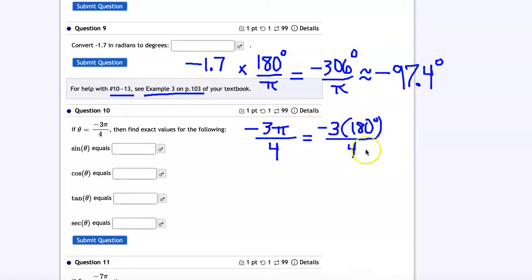So what's 3/4 of 180? That's 135, right? So then for each of these problems, you would revert back to what you did in chapter 2. How do you find the sine of negative 135?